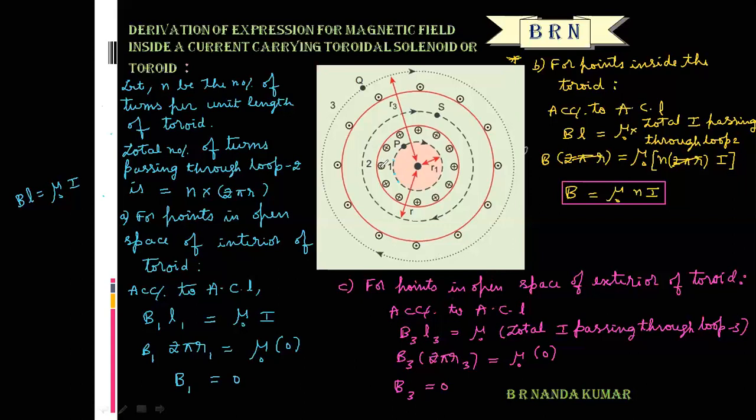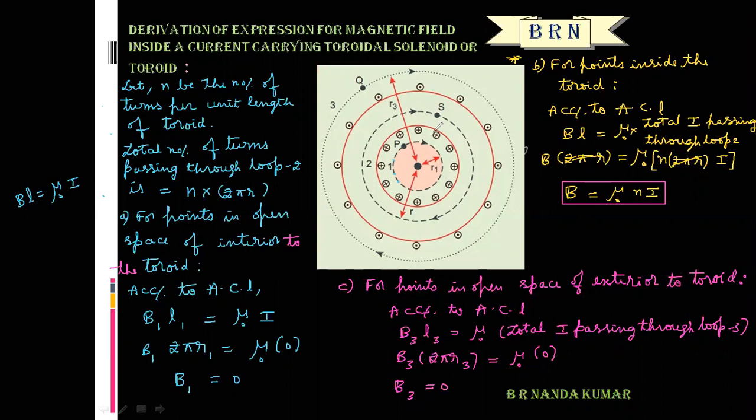So the magnetic field in open space of interior to the toroid is 0. The magnetic field in the open space of exterior to the toroid is 0.